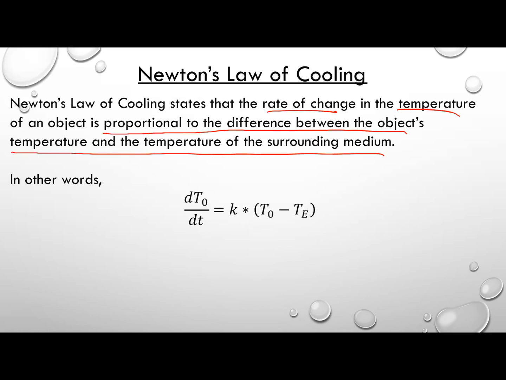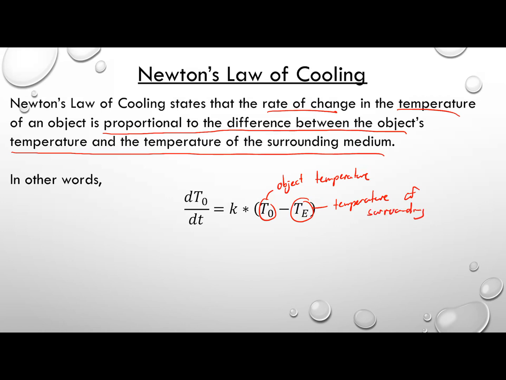In this case, they use T sub 0 to represent the temperature of the object, so that's the object temperature, or the initial temperature, that's why they call it sub 0. And then T sub e is the temperature of the surrounding.